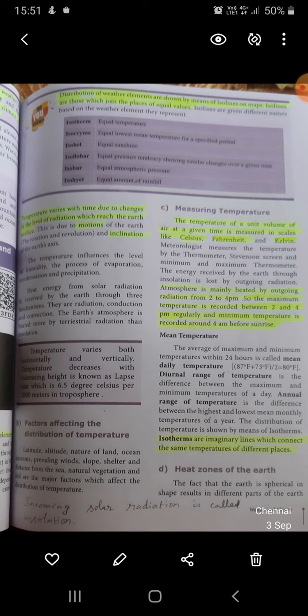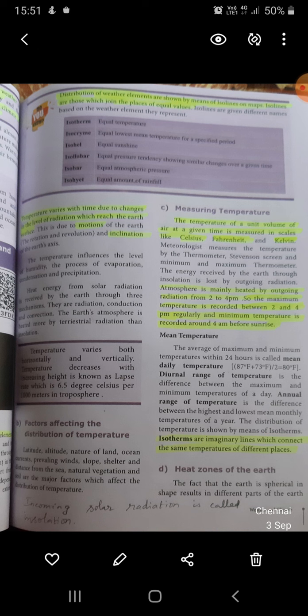That time only outgoing radiation is going on. You all understand, children? Maximum temperature is recorded between 2 and 4 pm, and minimum temperature is recorded around 4 am before sunrise.